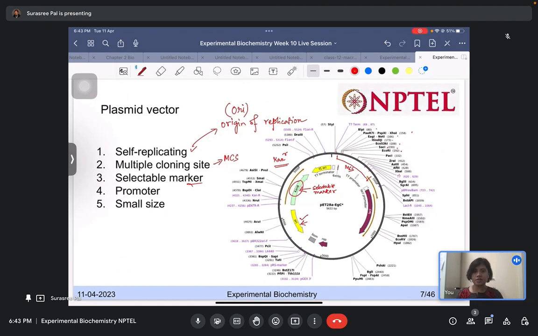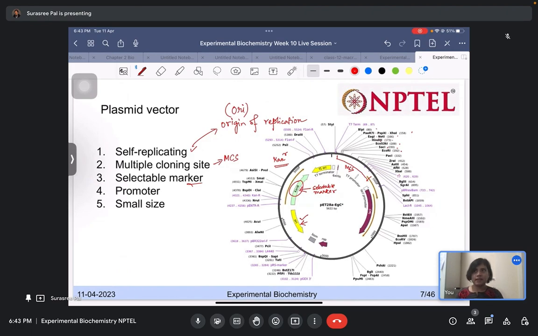Despite this antibiotic resistance, that is why we put the selectable marker: to select the plasmid vector and the cells which possess it, and also to maintain the propagation of this plasmid vector. These plasmids are not essential components of the bacteria.